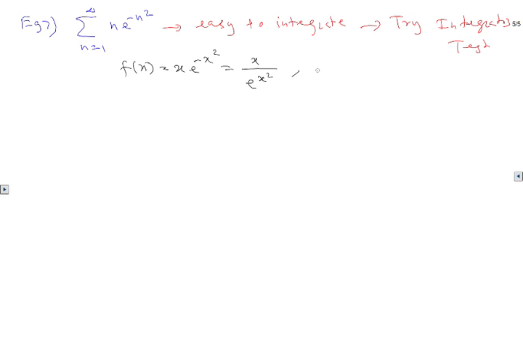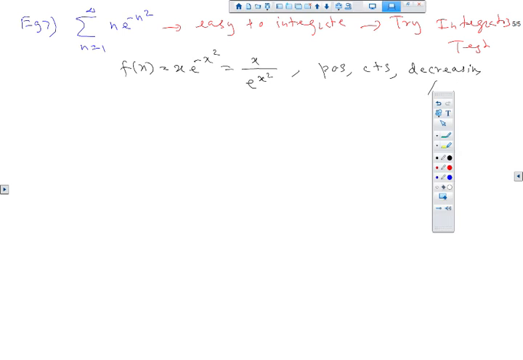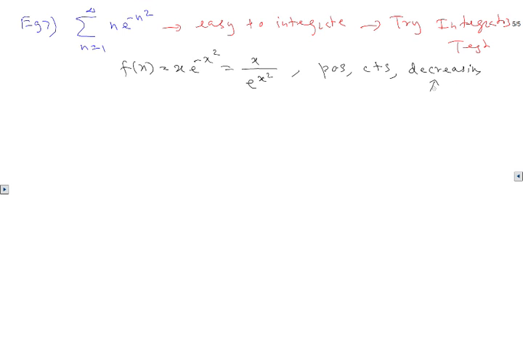Now you consider the three properties. This is positive, and this is continuous because e to the x squared never becomes 0, and also decreasing. How do you know this is decreasing? There's an easy way to see that. You have x and e to the x squared. e to the x squared grows much faster, so that means it's going to decrease.